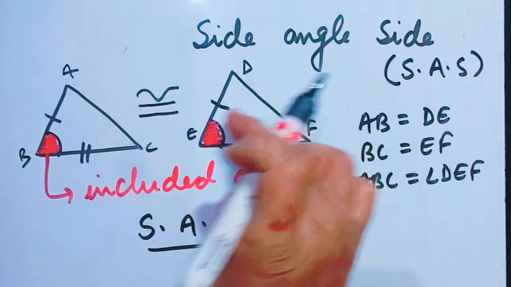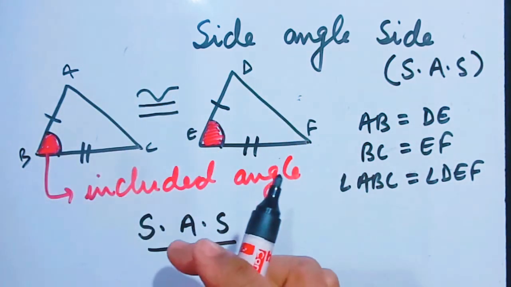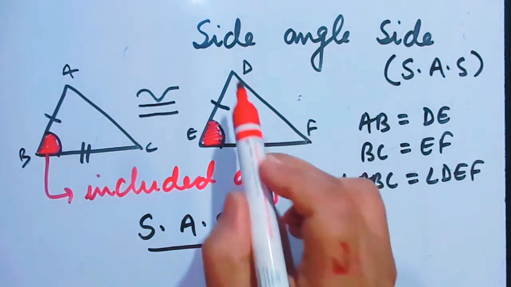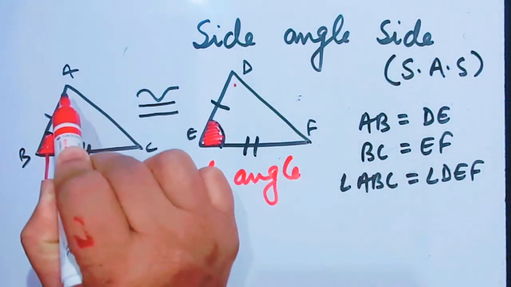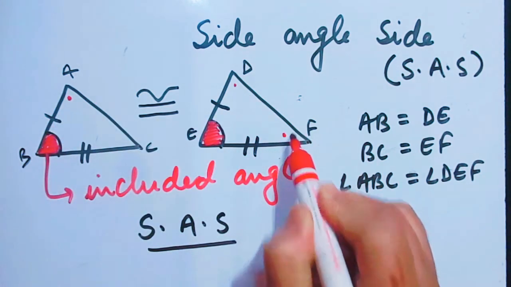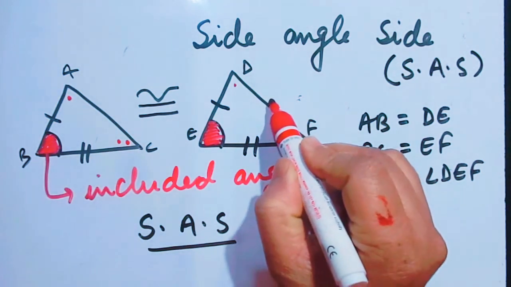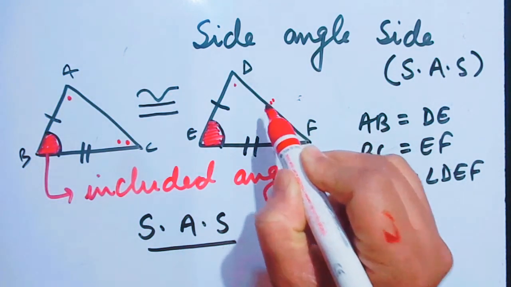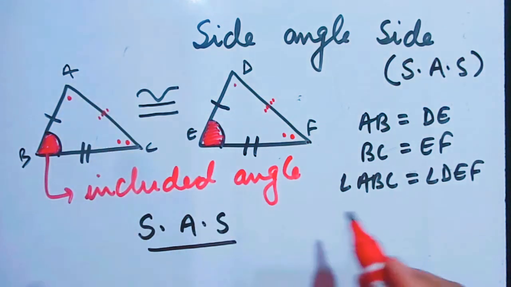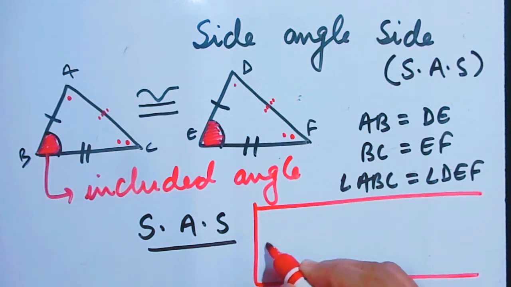It means they are equal in all respects, and once these two triangles are congruent, then this particular angle which is not given will also be equal. This particular angle which is not given will also be equal. This particular side which is not given will also be equal. But you have to learn a word, and that is corresponding.